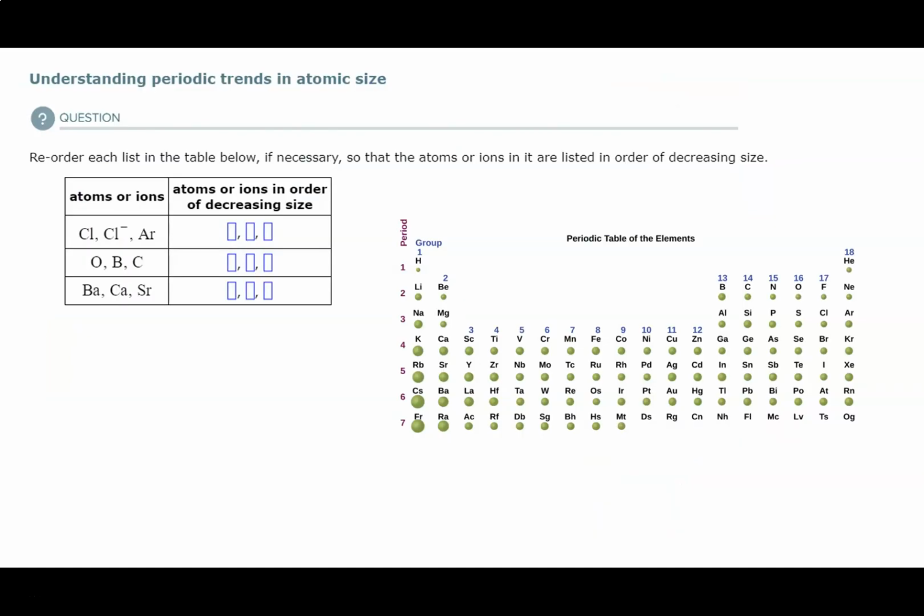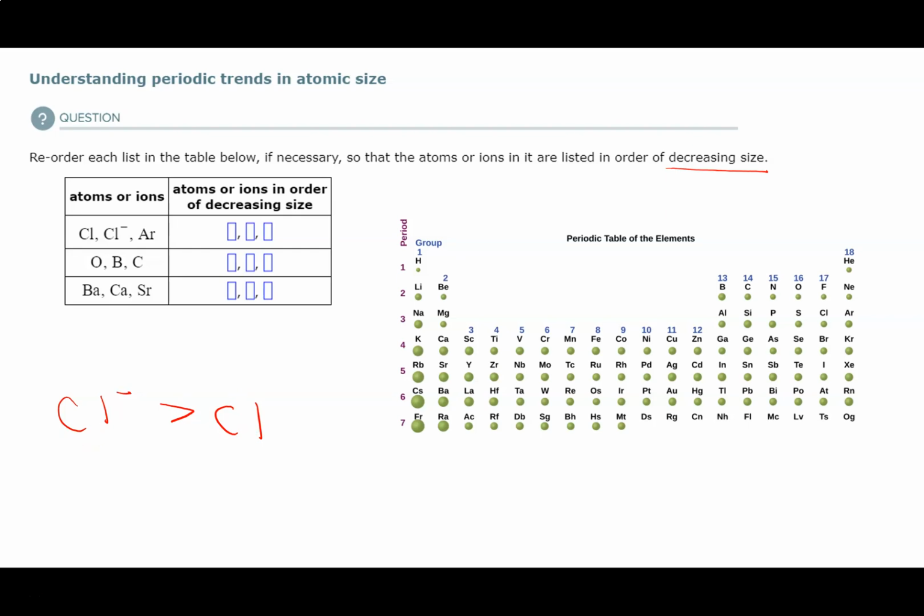So let's have a look at some ALEKS type problems and see what's going on. It says reorder each list in the table below if necessary, so the atoms or ions are listed in order of decreasing size. In the first row here, we've got an anion, and I know that an anion is always bigger than its parent atom. So the chloride ion will be bigger than the chlorine atom.